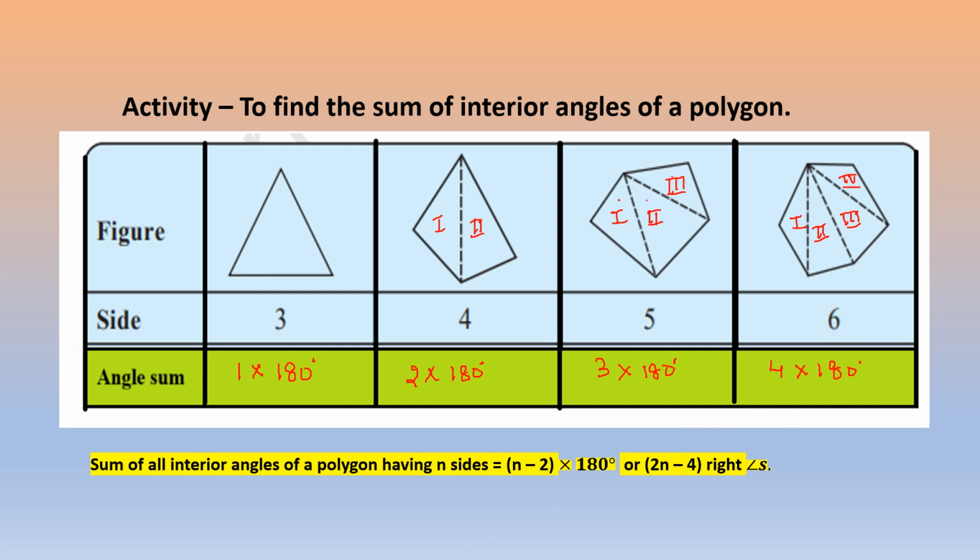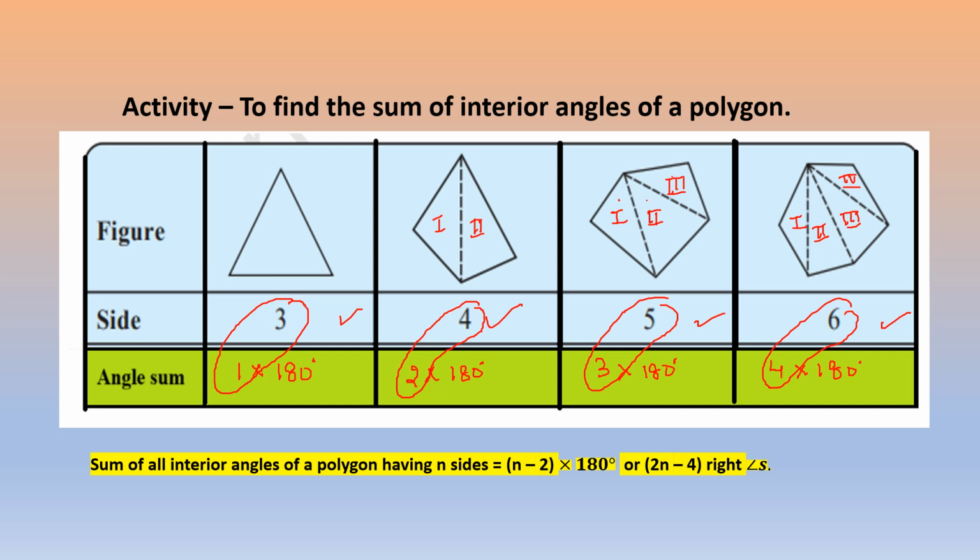So now try to see, is there any pattern over here? 3 and 1, 4 and 2, 5 and 3, 6 and 4. Isn't it? Now here 3, 4, 5 and 6 are nothing but the number of sides of the polygon. But can you see any relation?